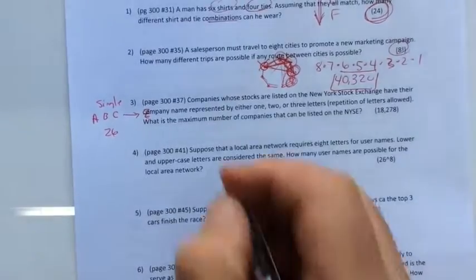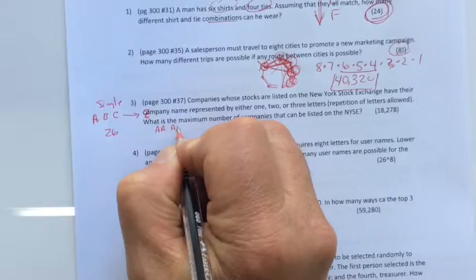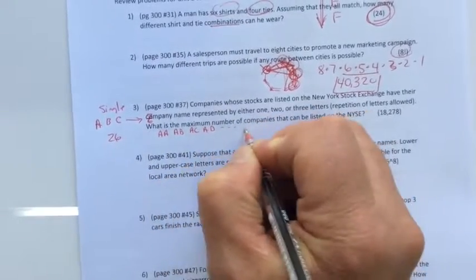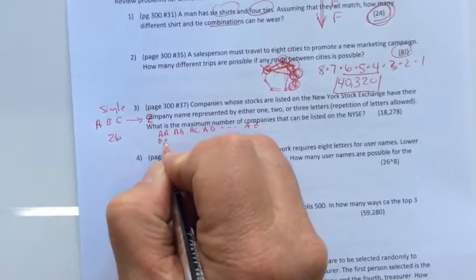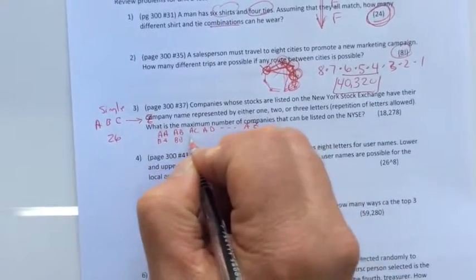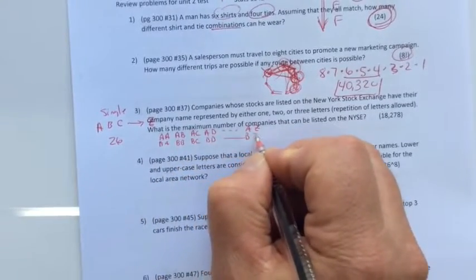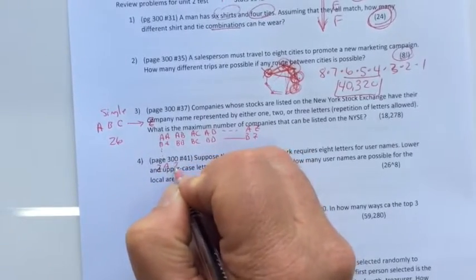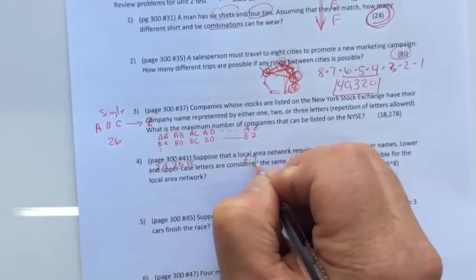What about two letters? It could be AA, AB, AC, AD, all the way up to AZ. Then it could be BA, BB, BC, BD, all the way up to BZ, all the way down to ZA, ZB, ZC, all the way up to ZZ.